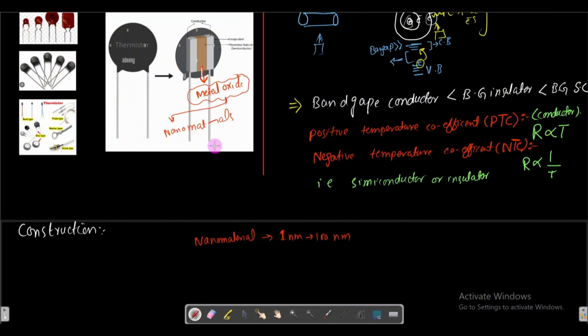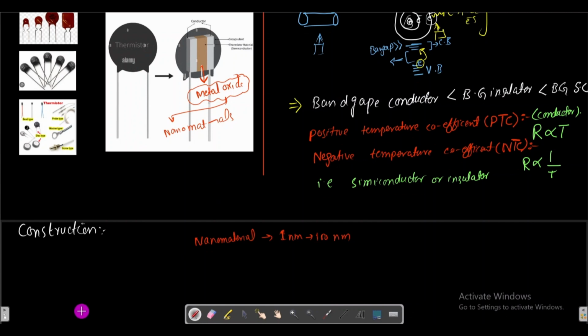So what I am going to say is that this thermistor is made up of those metal oxides, and those metal oxides are connected through a conductor to the outside. If we increase the temperature here, we have two types of this material.